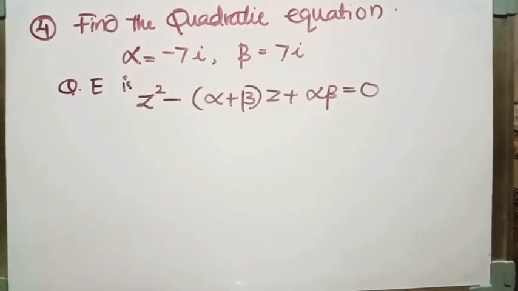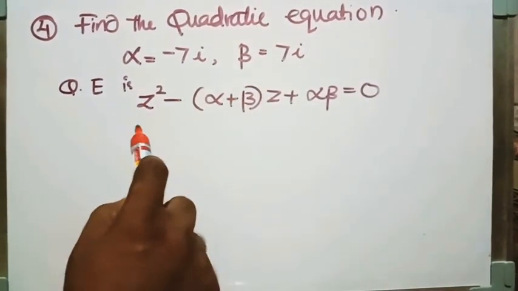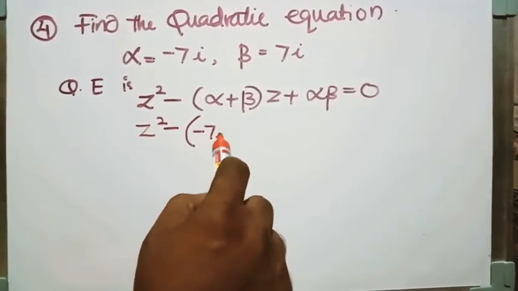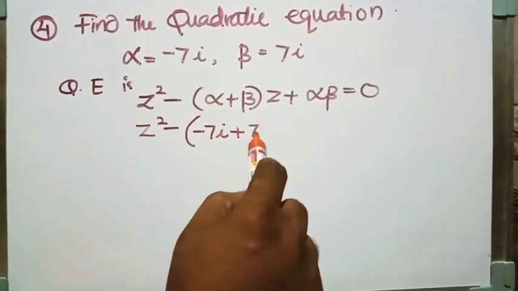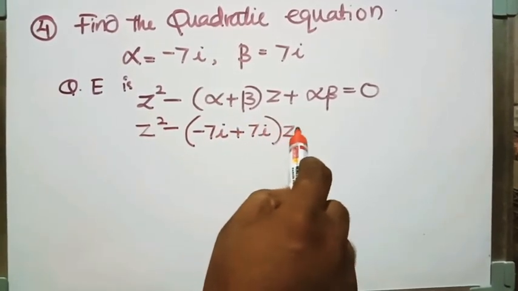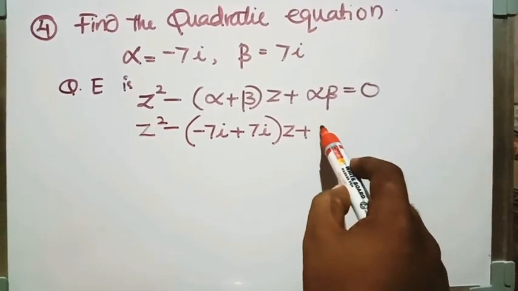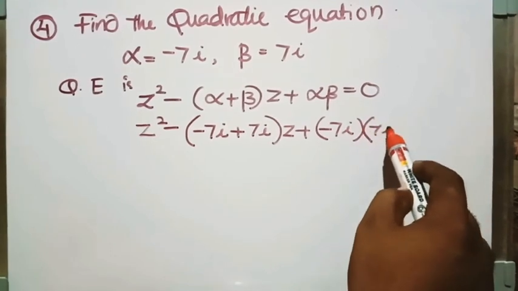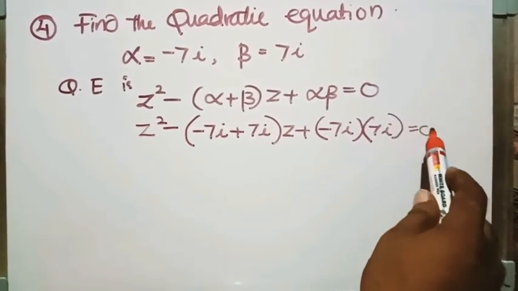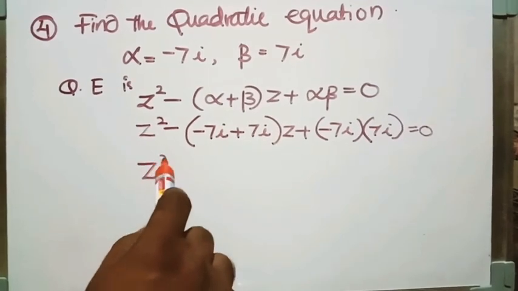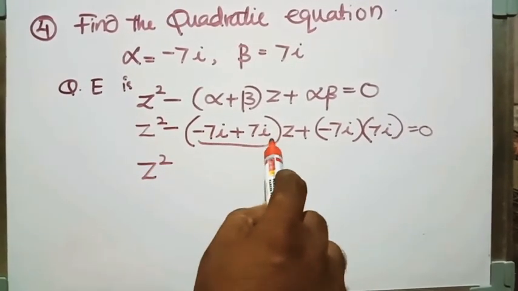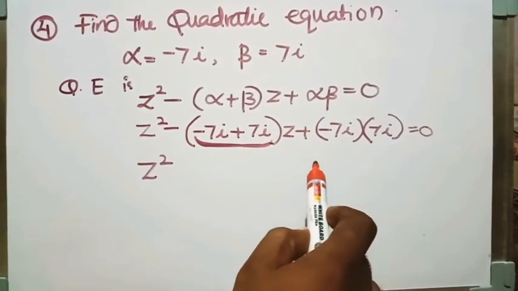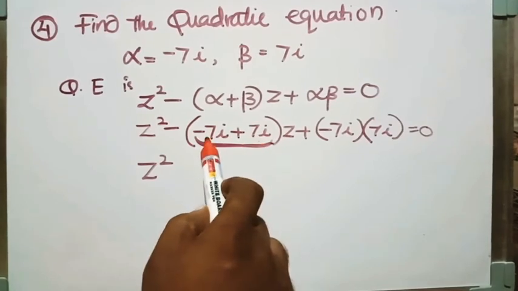Now let's replace the values of alpha and beta in this. We get z squared minus (alpha is minus 7i plus beta is 7i) z plus alpha beta, that is minus 7i into beta 7i, is equal to 0. That is z squared. When you do this calculation, the next step is to simplify the middle term bracket. We get 7i minus 7i is 0.